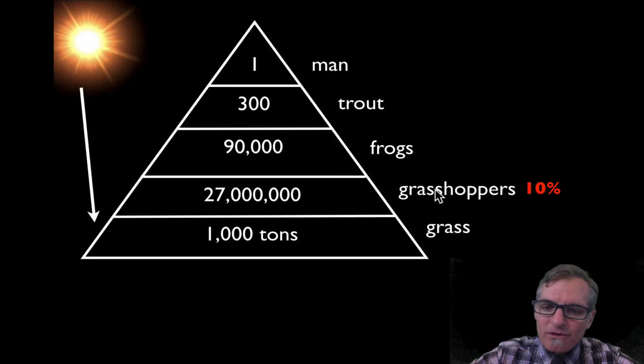But the grasshoppers are only able to incorporate 10% of the original energy at this first level. And 27 million grasshoppers is enough grasshoppers within a year to support 90,000 frogs. And those frogs will only be able to take 10% of that energy from the grasshoppers and incorporate it into frog tissue.